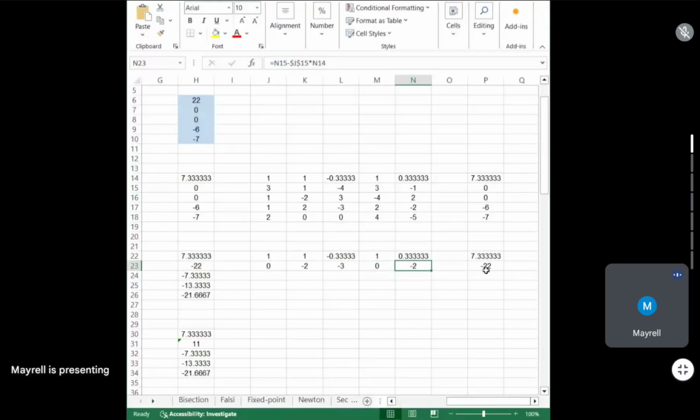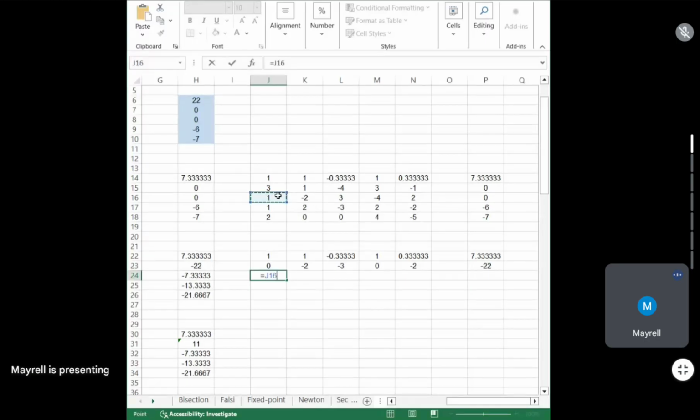Okay, so let's proceed to row 3. So for row 3, the element in A31, so the first element, minus, so our M for row 3 is the element in A31. So kani siya. So let's in cell J16.